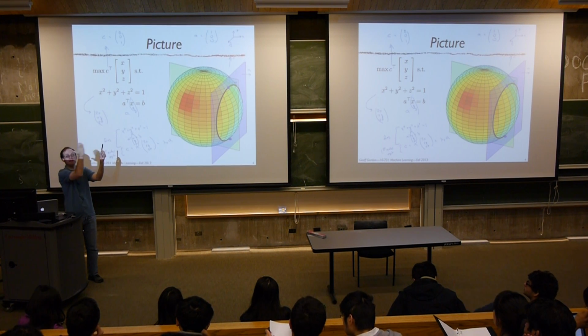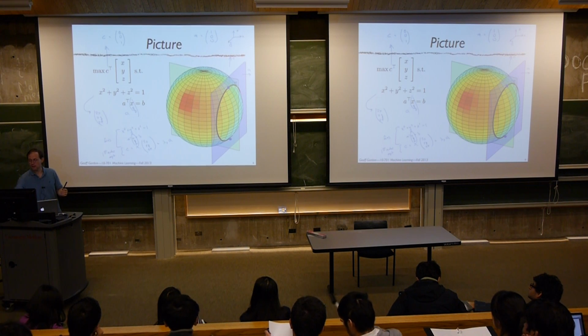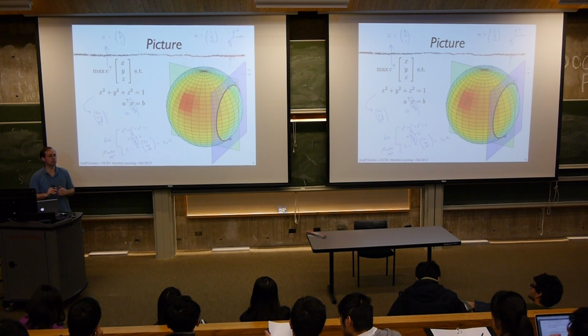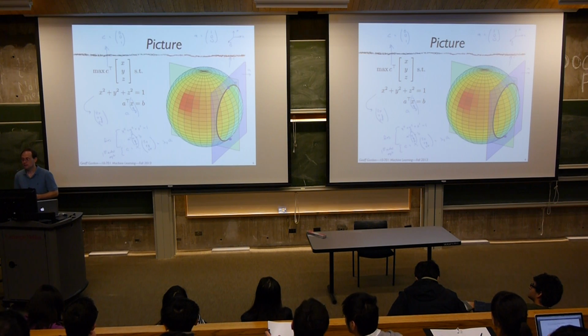So we'll take the plane spanned by A and C, and the gradient at that point, the normal to the sphere, will be in that plane again. So if you take C and rotate it, it'll rotate the green plane, and then it'll intersect the blue plane and the circle at different points.